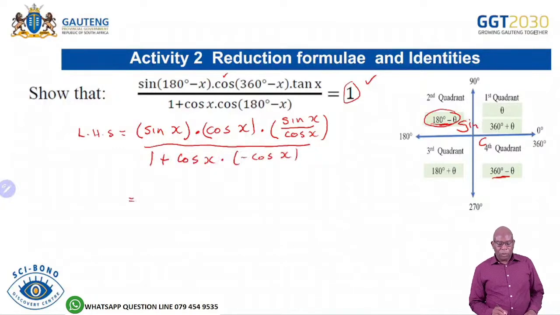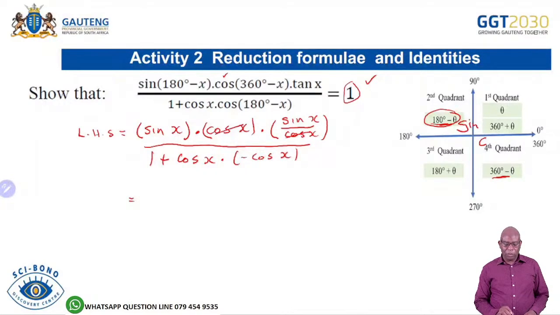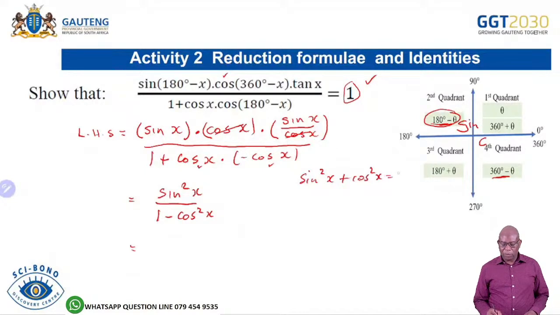Okay. Obviously, this cos and that cos will cancel out. I'm left with sine x times sine x, which gives me sine squared of x. This cos x times negative cos x will give me a negative cos squared x. But according to my identities, sine squared of x plus cos squared of x gives me 1.